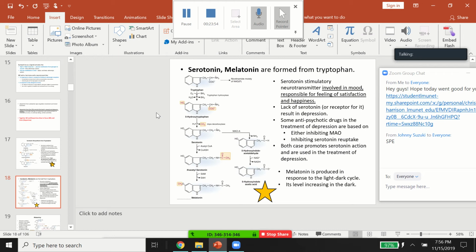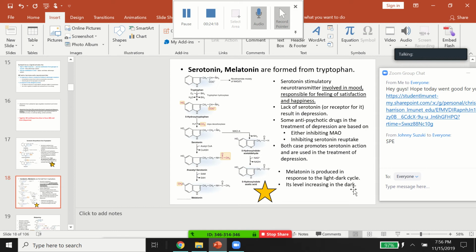Like I said before, melatonin is also formed from here. What melatonin does is that it increases in level in the dark, and so melatonin induces that. It has a lot to do with your circadian rhythm and allowing you to fall asleep at the correct time.